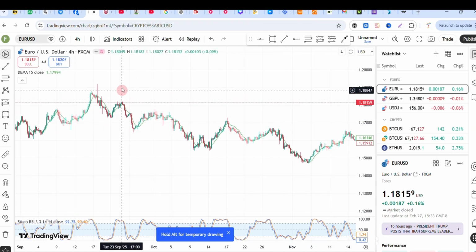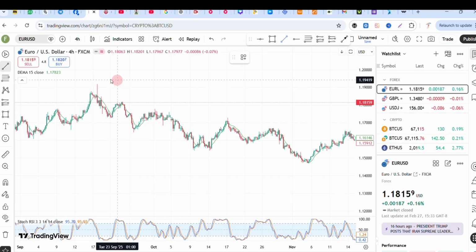For you to know what a downtrend is, a downtrend comprises a certain pattern of movement in the market. That pattern is that a downtrend consists of lower lows and lower highs. So when you see lower lows and lower highs forming, you know that this is a downtrend. Now what do I mean by lower lows and lower highs?